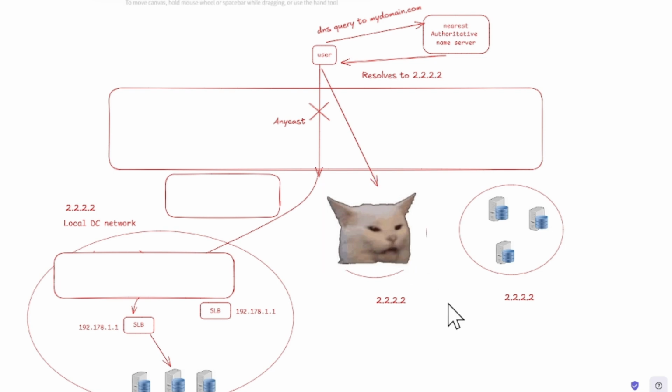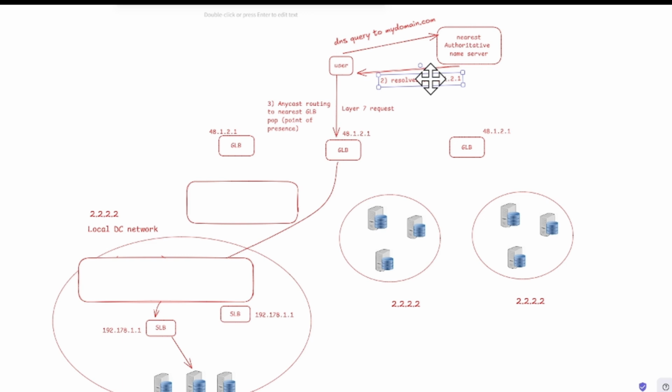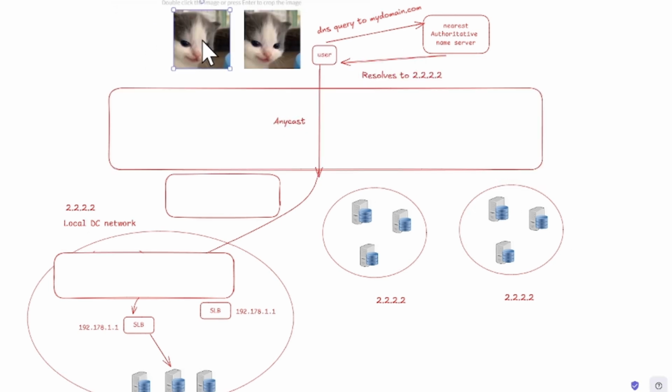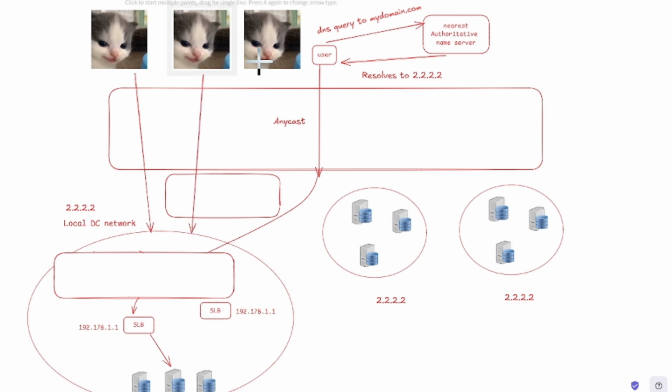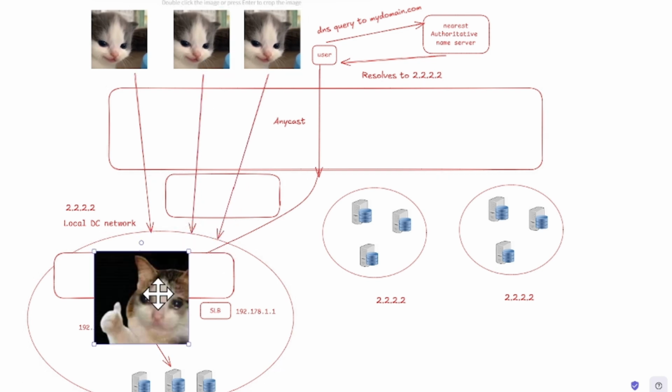The second approach is to advertise the IP of the global load balancer. This is much safer than directly advertising the IP of the data center, because malicious users might get to know our IP and do a denial of service attack on that particular data center and probably completely fail that data center altogether.